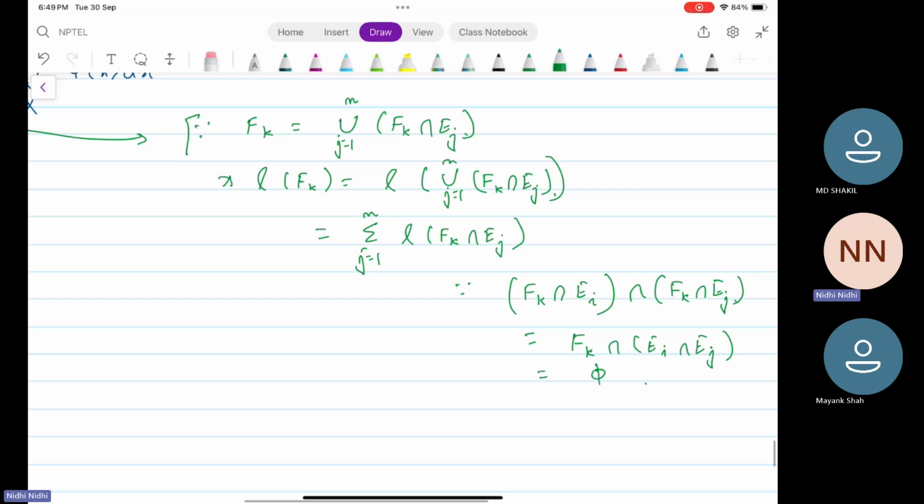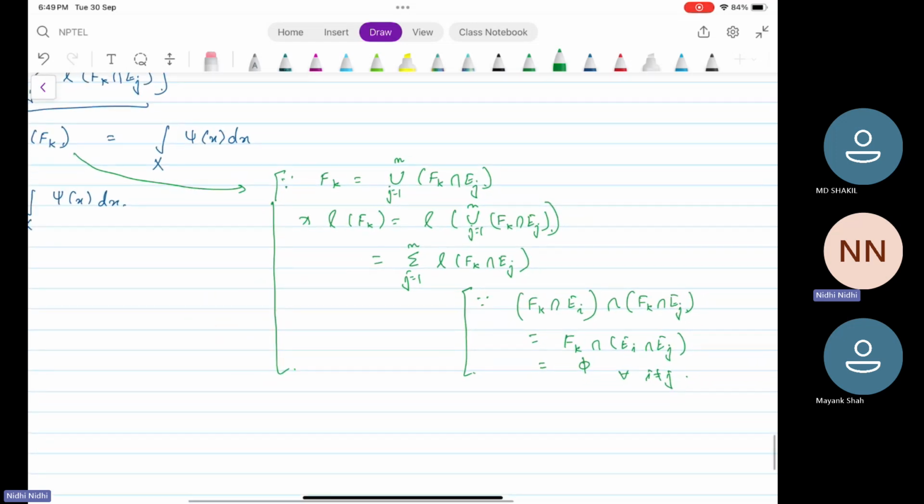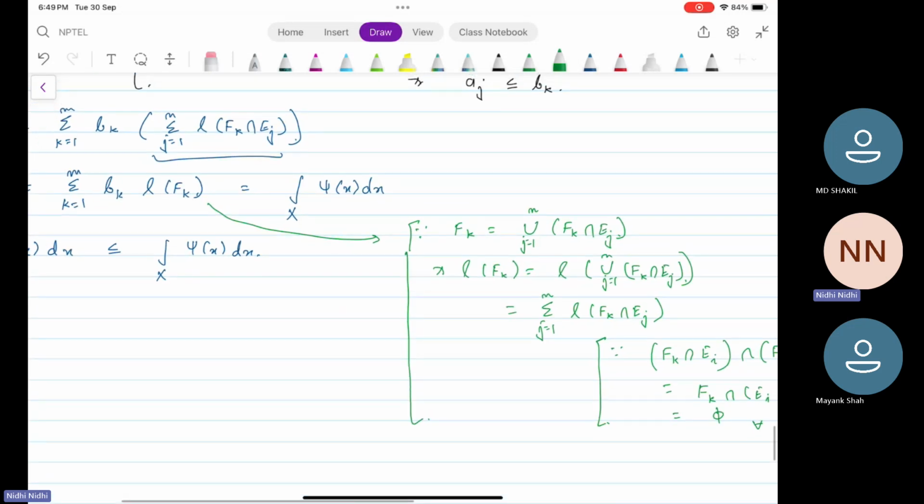This will be empty for every i not equal to j. So all the intervals are pairwise disjoint, therefore we get this equality. So we can replace this sum j from 1 to n length fk intersection ej by length of fk.